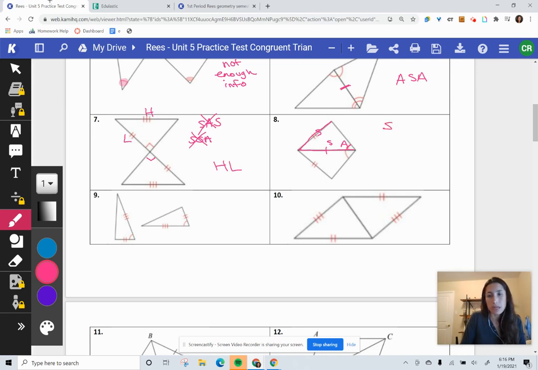So it's not side angle side, angle's not in the middle. And we know side angle doesn't work to prove congruency. These also aren't right triangles, so I can't check for HL. So there's not enough information to prove that these are congruent. So question 8, we got not enough info.